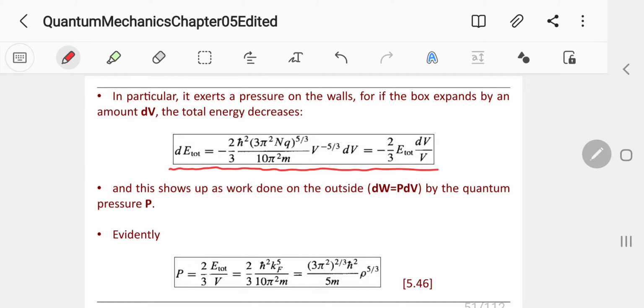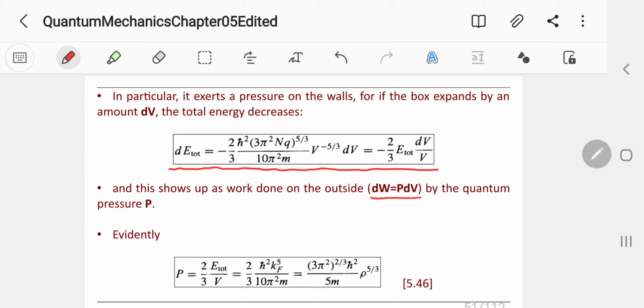Since in gases the work is just the pressure times dV, if the volume of the gas expands by dV, you do a work by an amount P times dV. So in this case, if you get the derivative with respect to V, then you will also get the pressure.